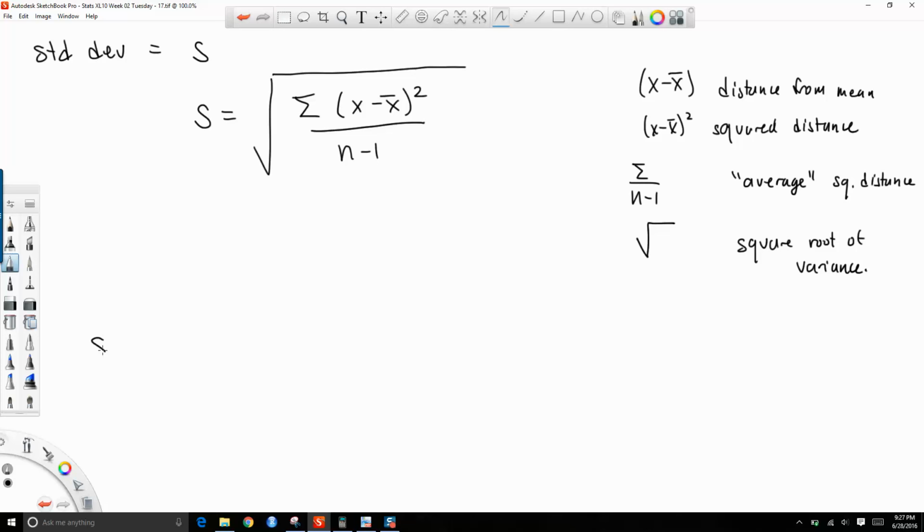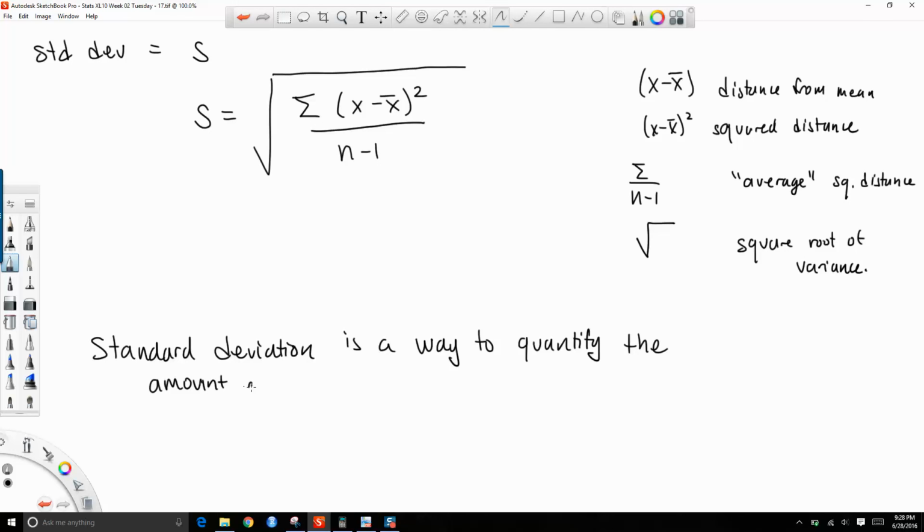And so the standard deviation, if anything, is a numeric summary that quantifies, or assigns a number to, the amount of spread that exists in our data, okay?